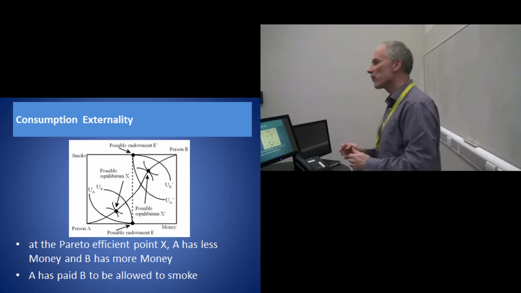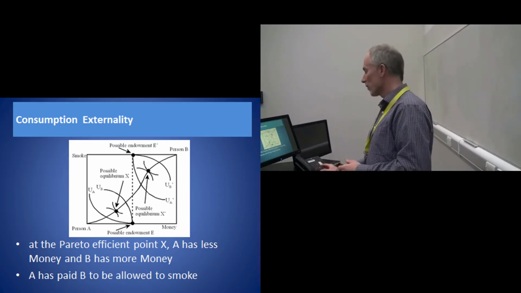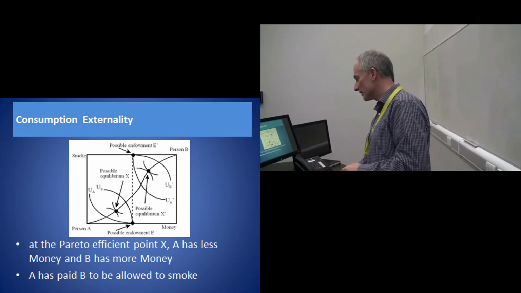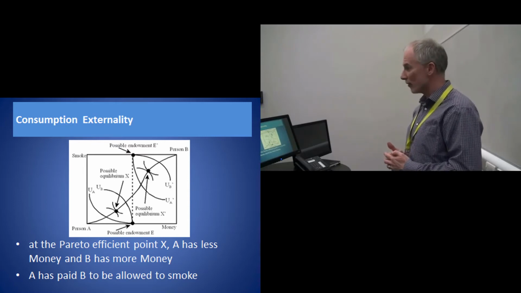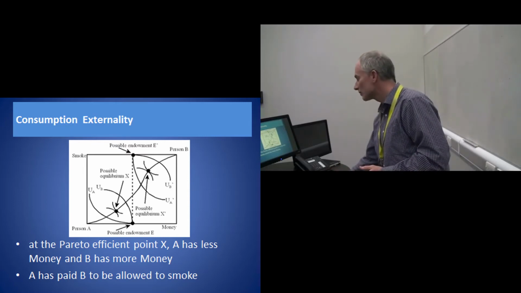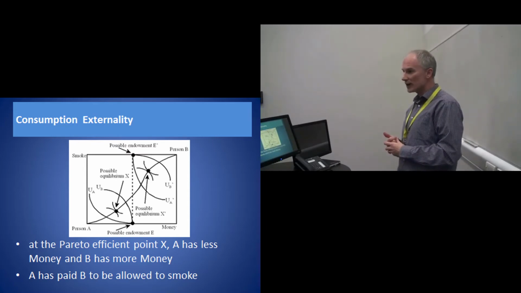But what does it mean for person A? Person A is now on a higher indifference curve relative to UA. And person B is on a higher indifference curve relative to UB. So both individuals have made themselves better off. We've had the initial endowment, but the individuals have traded. They bargain with one another.